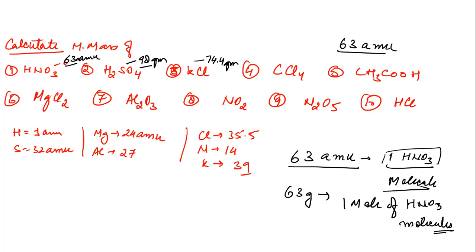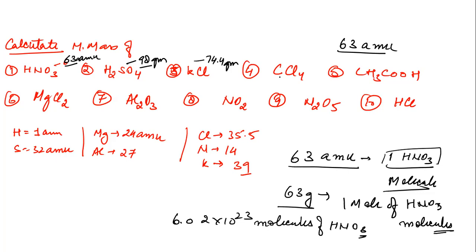Any doubt in this? This is important to remember: 63 AMU or 63 gram, what is the difference between them? It means that 63 gram is the mass of 6.02 × 10^23 molecules of HNO3. Clear?